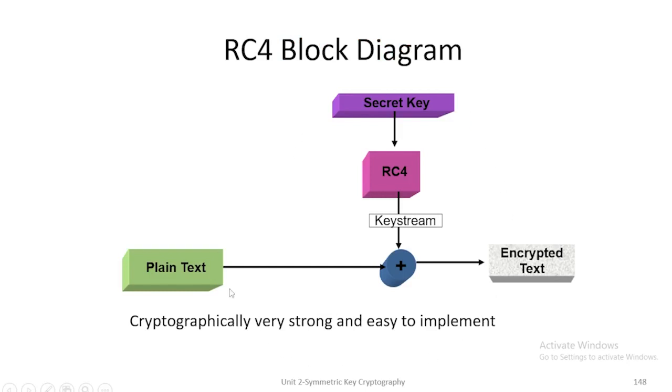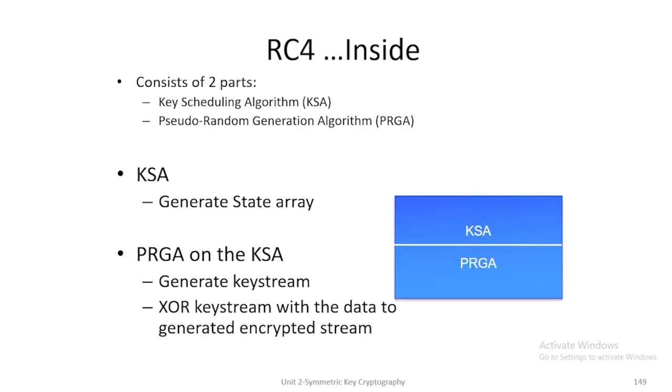This is the diagrammatic representation of the performance of the RC4 algorithm. We need to convert plaintext into ciphertext with the help of a key, and this key stream will be generated from a secret key by the RC4 algorithm. This RC4 algorithm contains two parts.